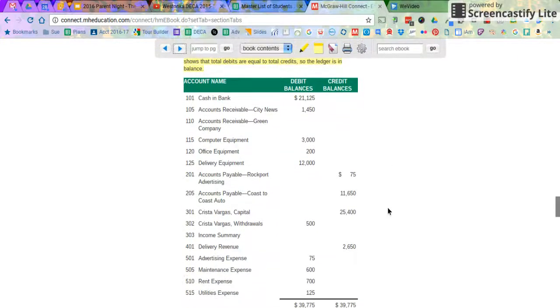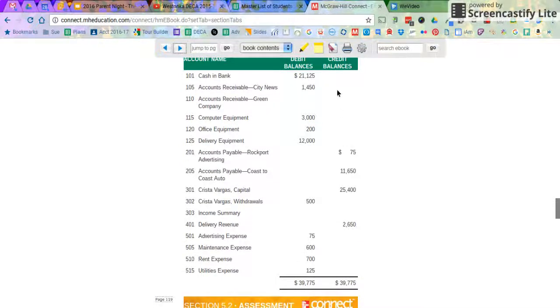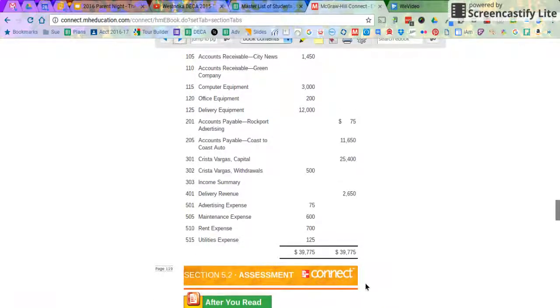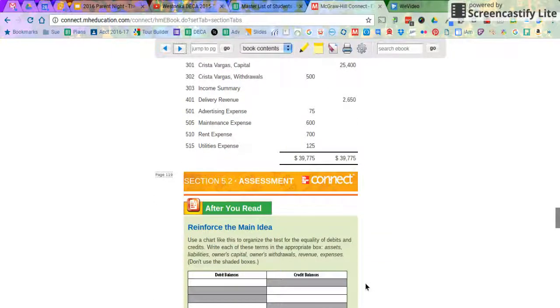We're going to take our chart of accounts and list every single account with its account number. We're going to list whether it has a debit balance or a credit balance. And then we're going to total all the way down the debit balances and total all the way down the credit balances. And hopefully, keeping our fingers crossed, they are the same. Okay, that's it for section 5.2.